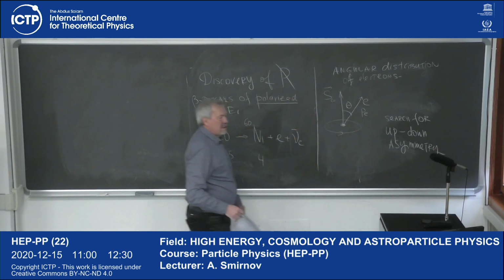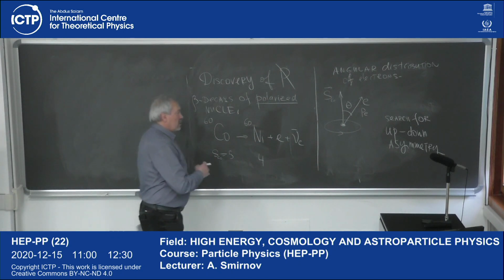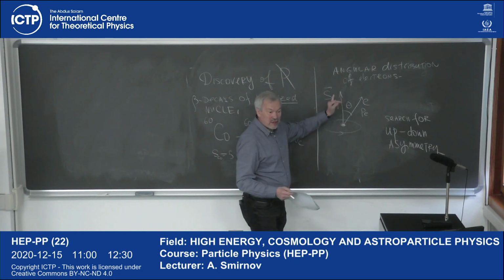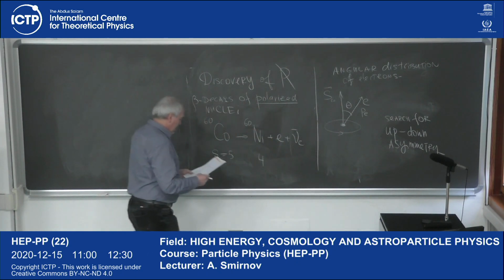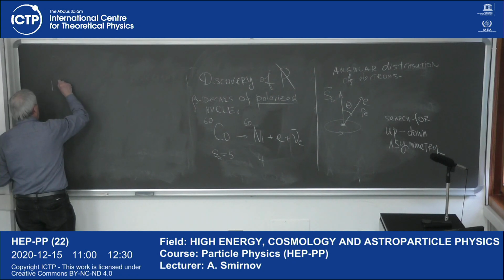So why up-down asymmetry is signature of parity violation, although we have still some direction here in the problem. So let me repeat one point which we have discussed already. We have initial state, which is spin of cobalt.